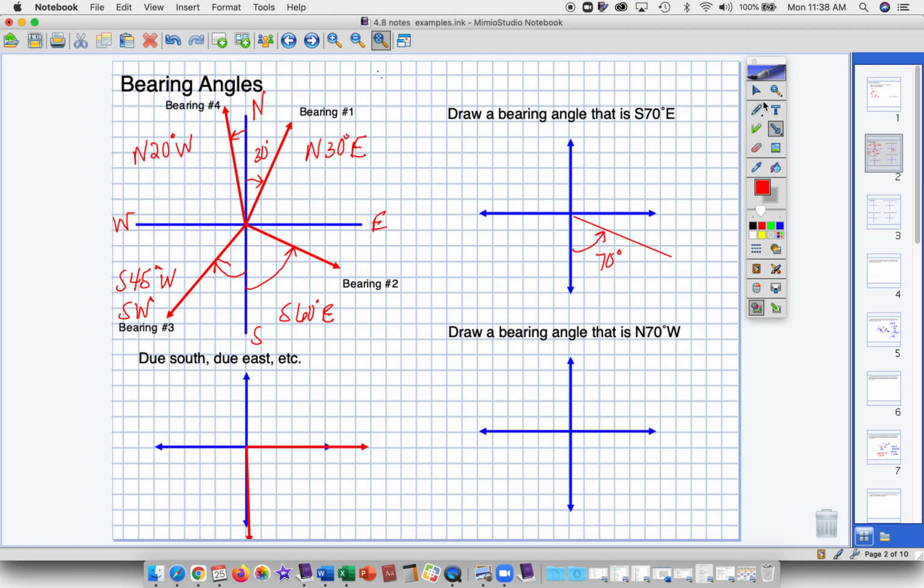Okay, draw a bearing angle that is north 70 degrees west. So I'm starting to the north and rotating to the west 70 degrees. So this angle here would be my 70-degree bearing angle.